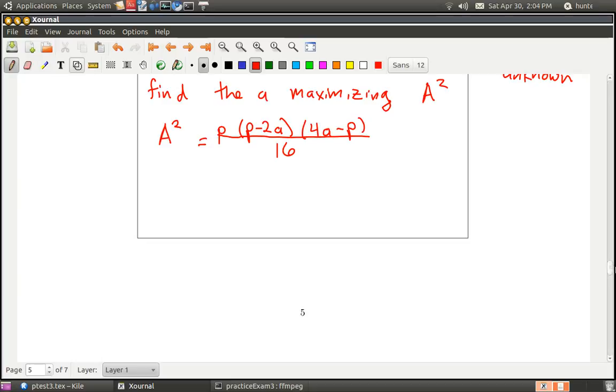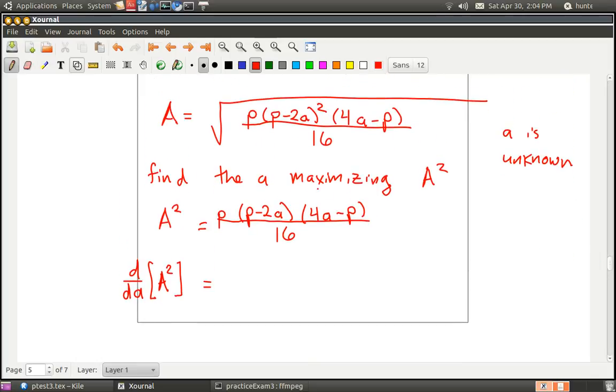Now this is what I want to maximize, this function on the right side of the equal sign. First I'm going to take its derivative with respect to A. So remember, good old Leibniz notation. I'll take the derivative with respect to A, and I'm going to set that equal to 0 later. Isn't there something squared here? Yes, this is squared, sorry.